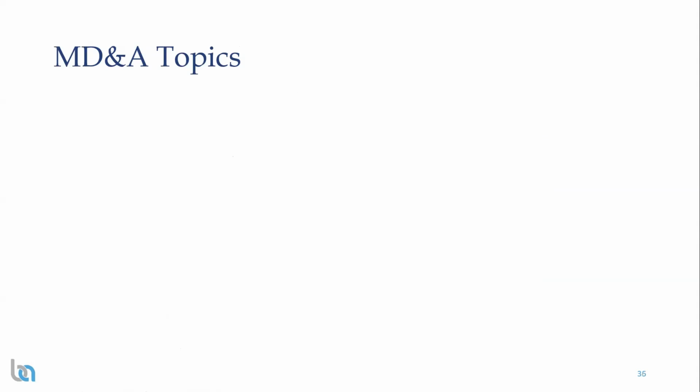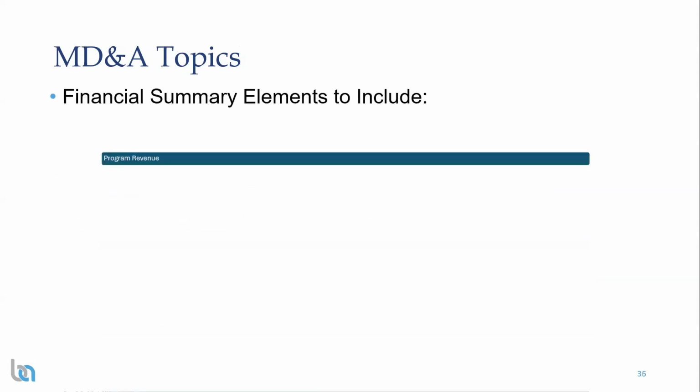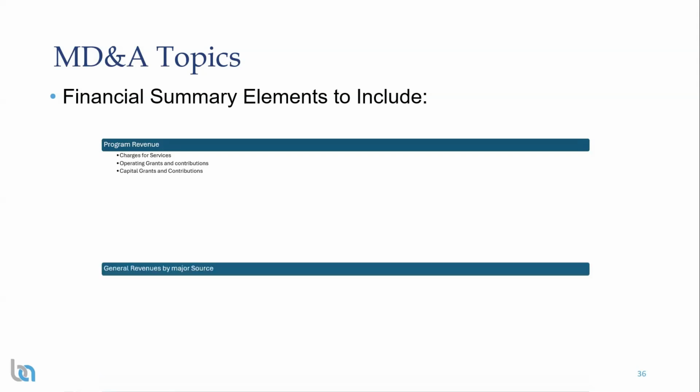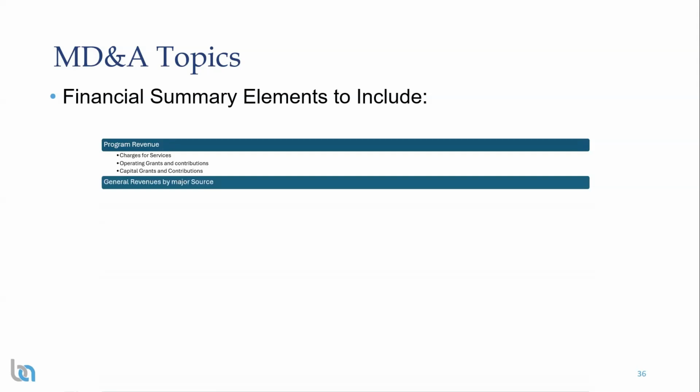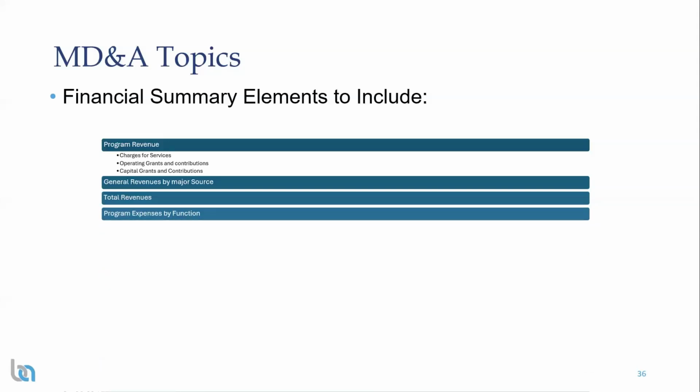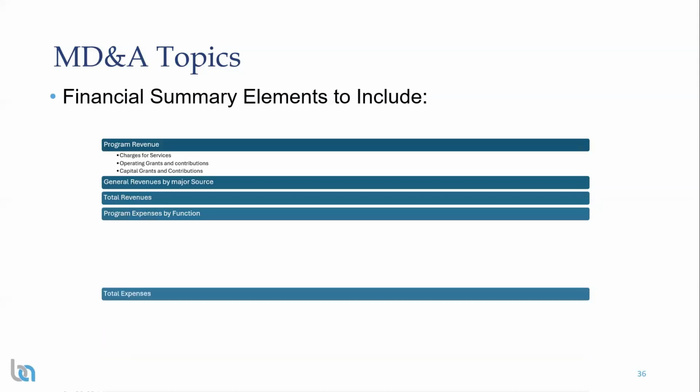On the statement of activities side, sorry, it's a little small here, but because there are many items, program revenues, and you need to have charges for services, operating grants and contributions, and capital grants and contributions. General revenues by major source, property taxes, sales tax, so on. Total revenues, program expense by function, general government, public safety, public works, so on.